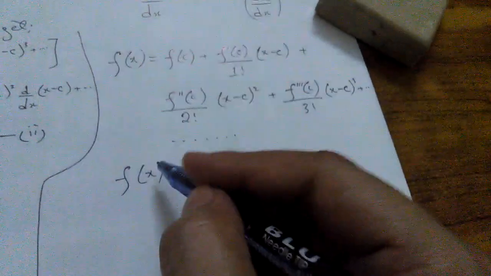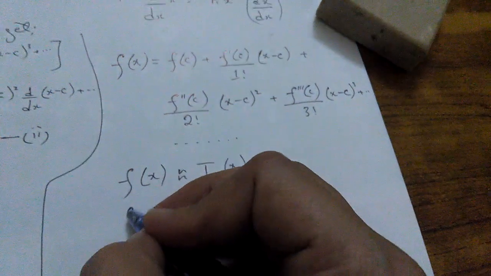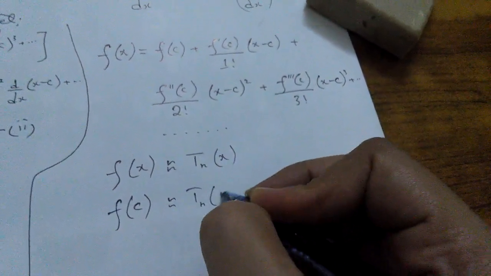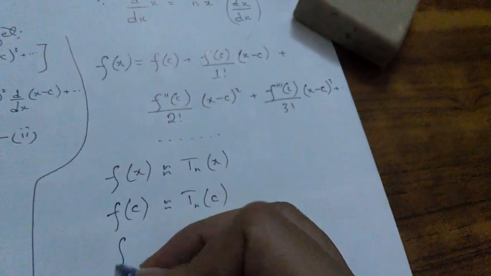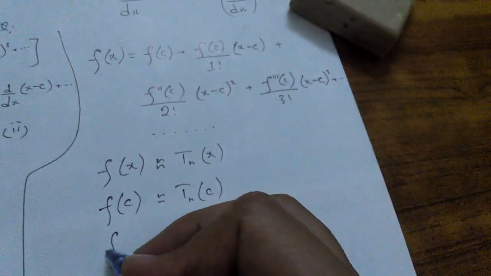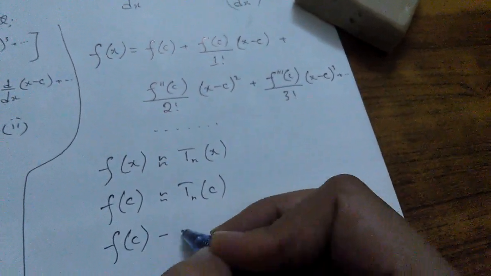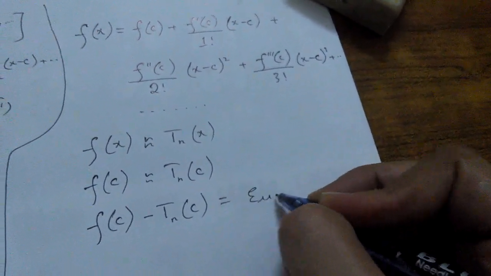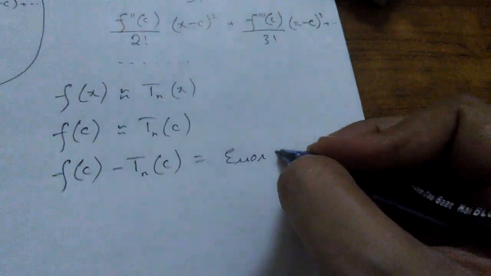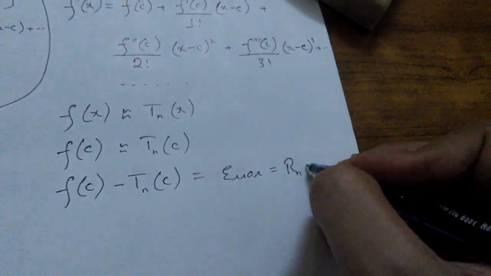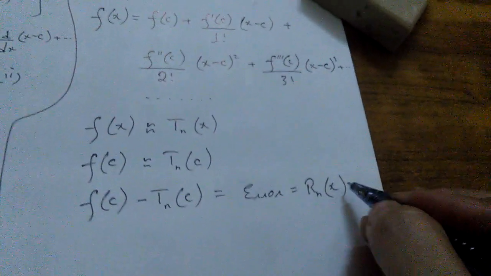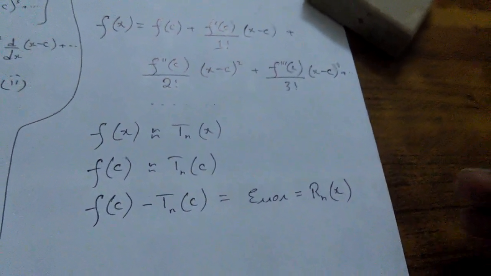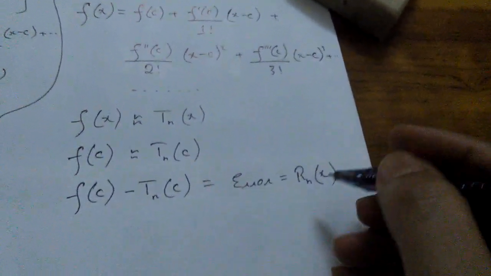It means the difference of the answers of your f of c and T of c does exist. So you can say that f of c minus T of c is going to give you some error or difference value, and we just call that error a remainder function. And this remainder function was introduced by Brook Taylor, a British mathematician.